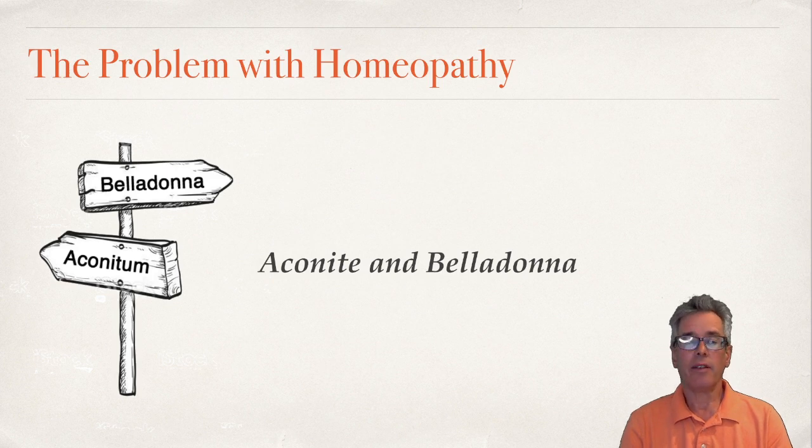And yet, their fevers are quite different. Both treat the common fevers that we see in everybody, especially children. For example, aconite's fever is characterized by fright, by sudden onset, by restlessness and burning symptoms.